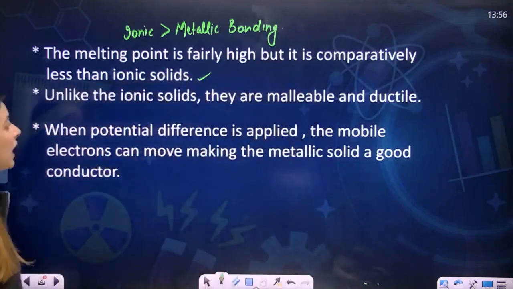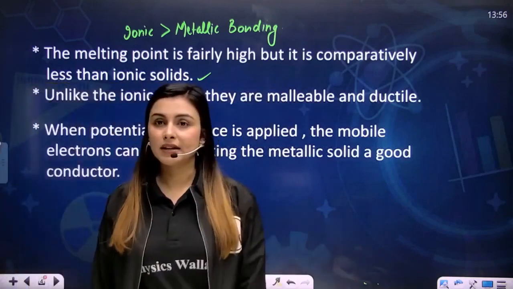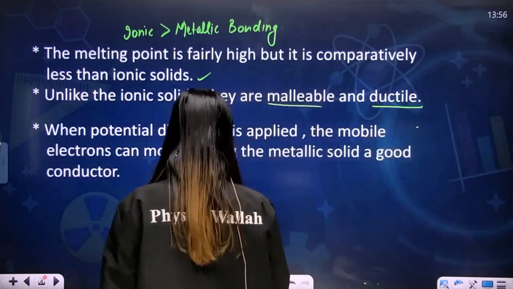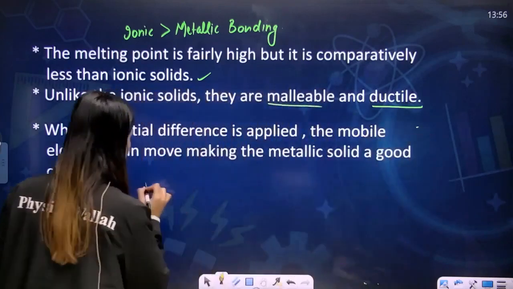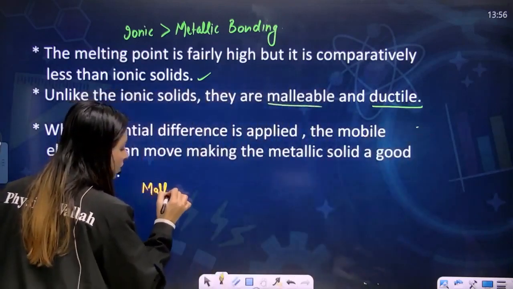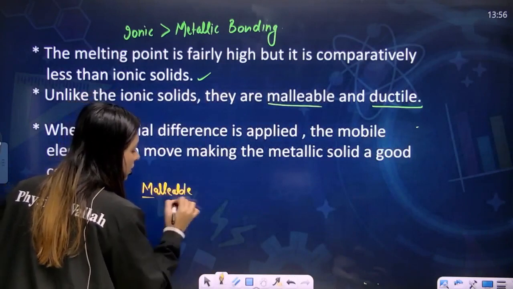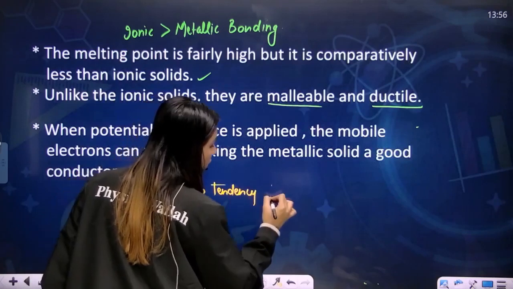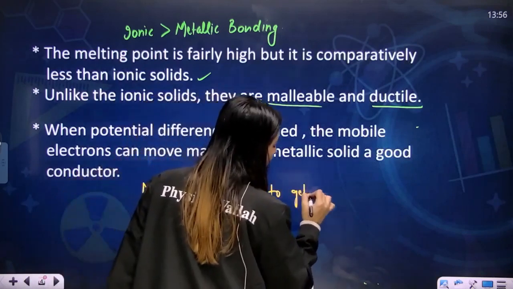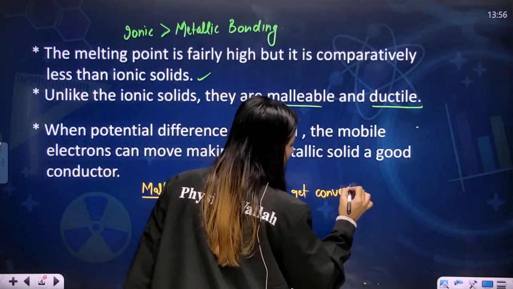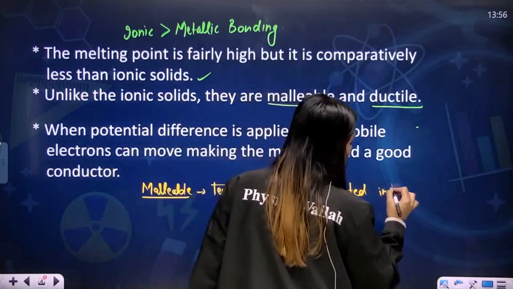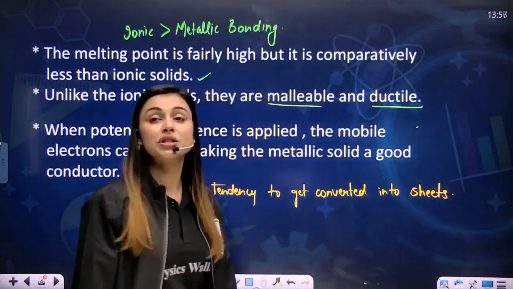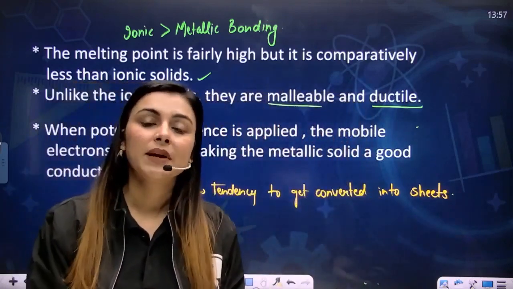Second, unlike the ionic solids, they are malleable and ductile. Now let's try to understand what is malleable and what is ductile. What is malleable? Write it down. The tendency to get converted into sheets is known as malleability.